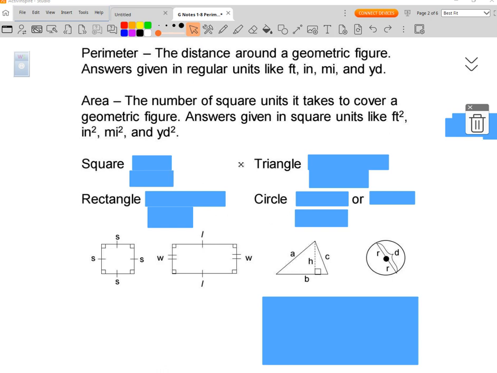So the next little things are the formulas for finding area or perimeter of a square. If you guys caught up with me.